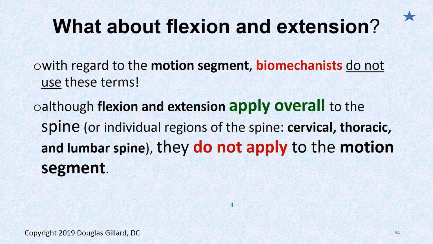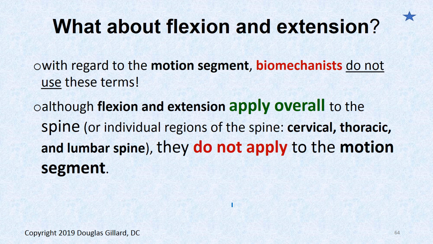What about flexion extension? Okay, watch out. I probably should have put more stars on this slide. So flexion and extension is a clinical term that means the entire lumbar spine is flexed, or the entire spine is flexing. Flexion extension doesn't apply to a single motion segment. You have to use the word sagittal rotation.